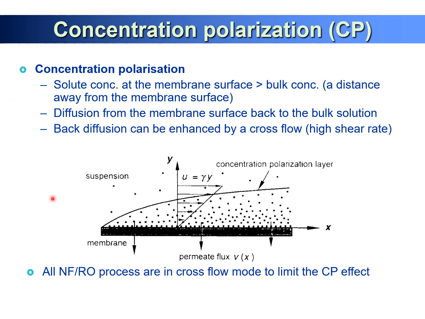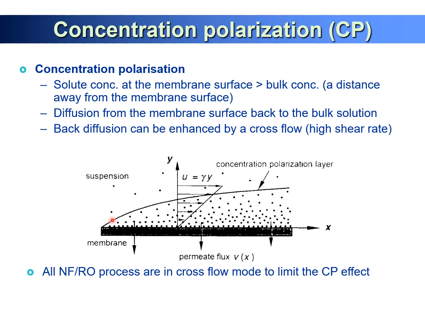So let's say this is seawater, and this is the salt concentration, you can see the salt as dots, and this is the membrane. So pure water will pass through this membrane, and you have accumulated salt and then a higher concentration of salt.